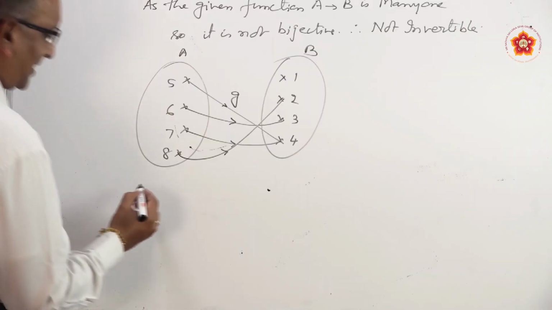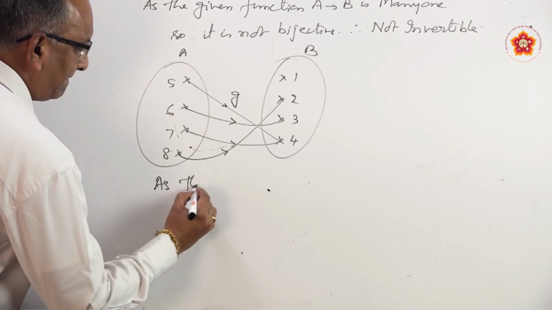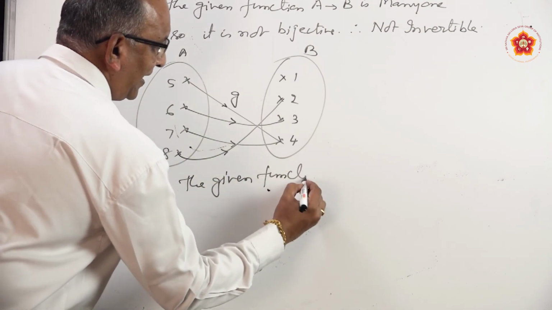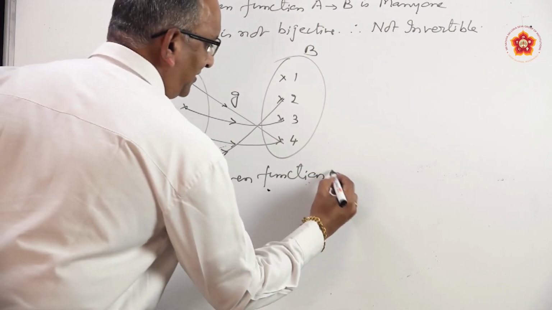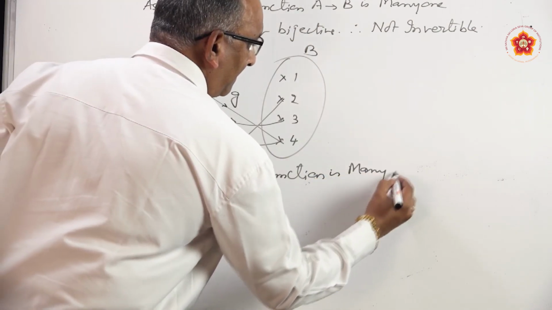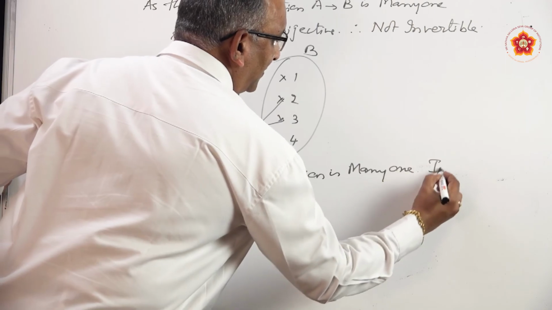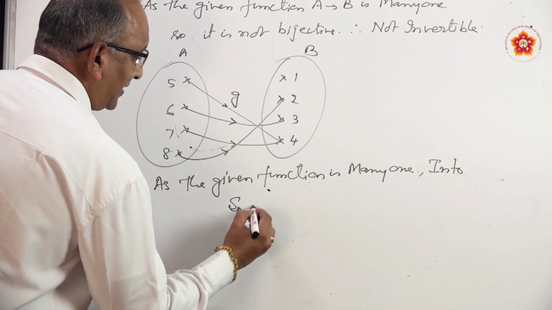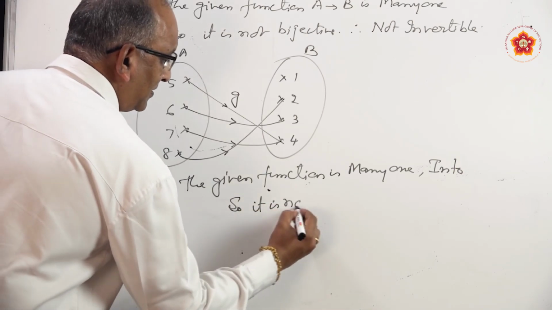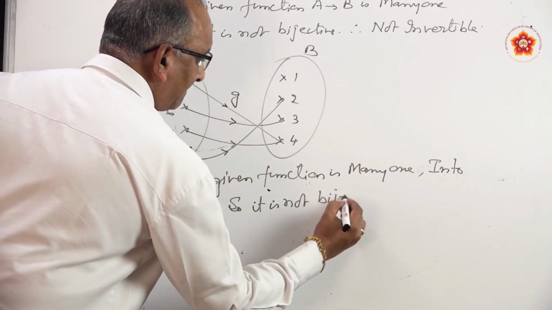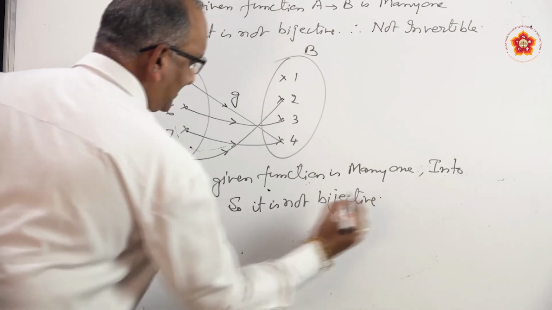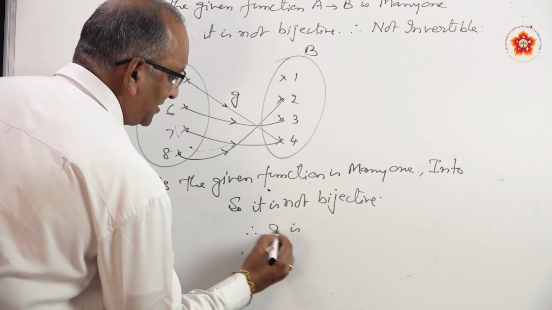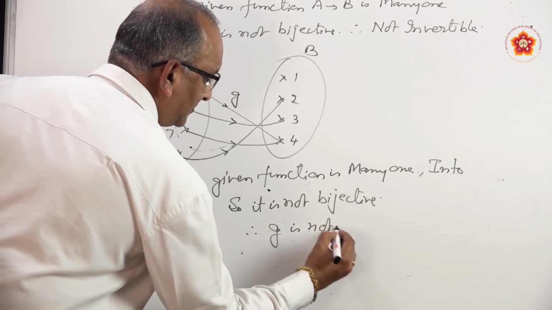So, as the given function is many 1 and into, it is not onto but into, so it is not bijective. Since it is not bijective, the function g is not invertible.